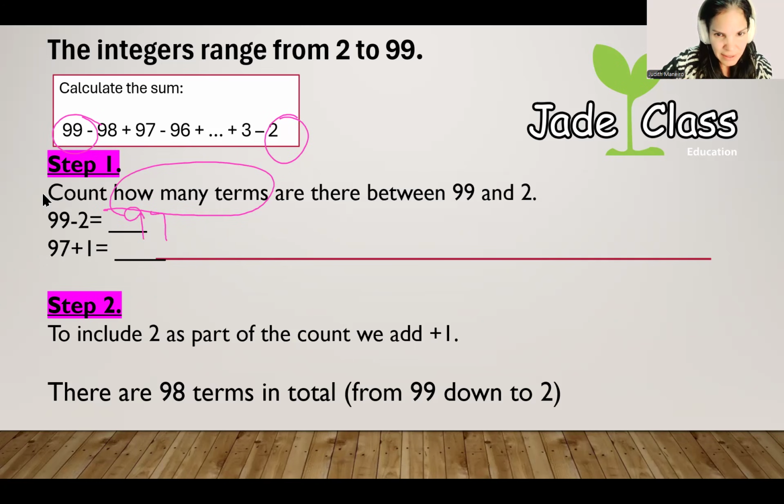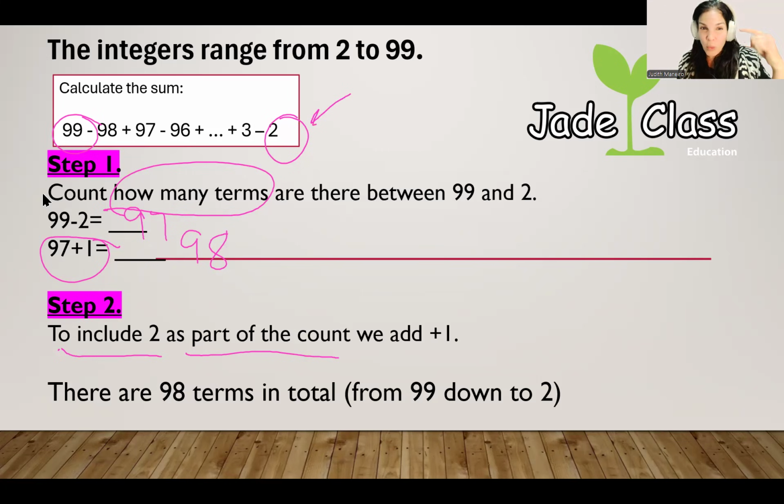97. That's right, 97. And then 97 plus one more equals 98. So we know that now there are 98 terms. And we have to include the 2 as part of the count because the 2 is here. We have to add one more because we need to include the 2.